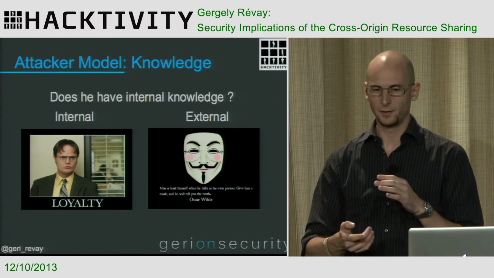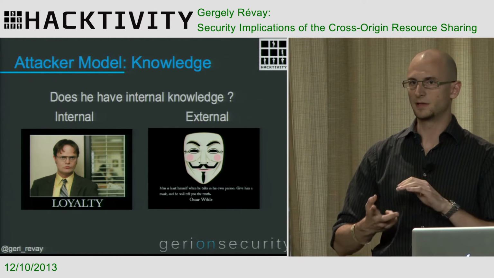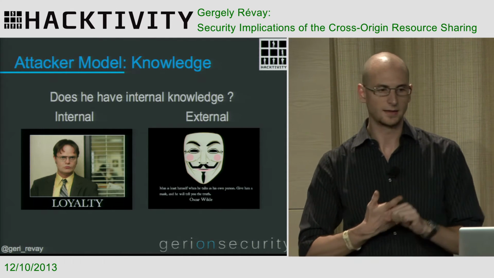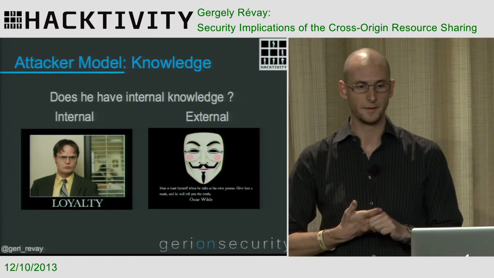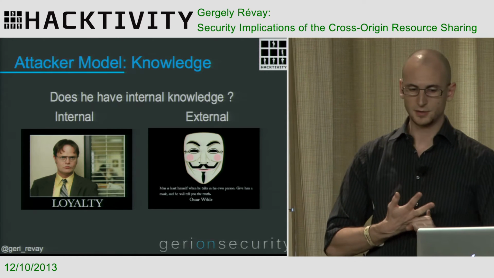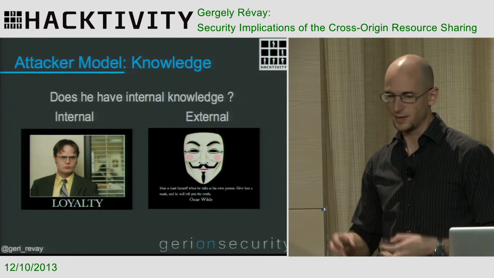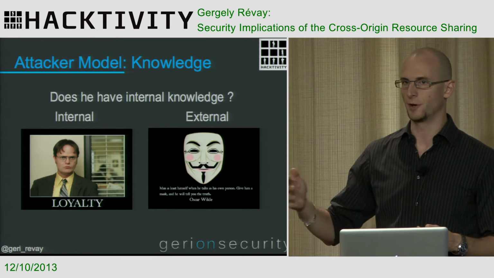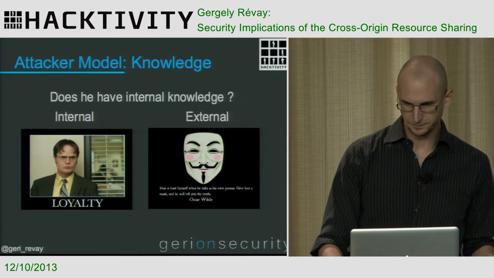You can imagine an ex-employee who knows that there is some application running in the internal network and wants to attack it, but doesn't have access to the network anymore. Or he can be an external attacker, an attacker without knowledge, and then he might use CORS just to infiltrate the network, look around, and see what kind of services are there, things like that.